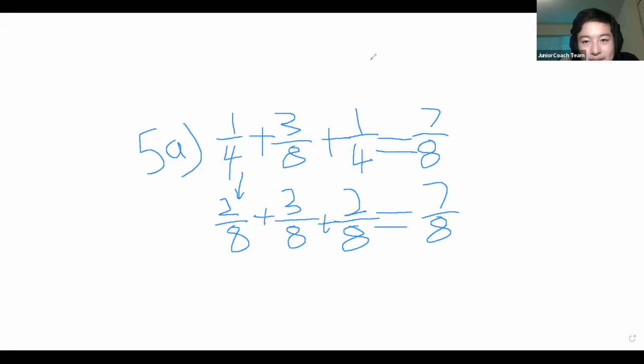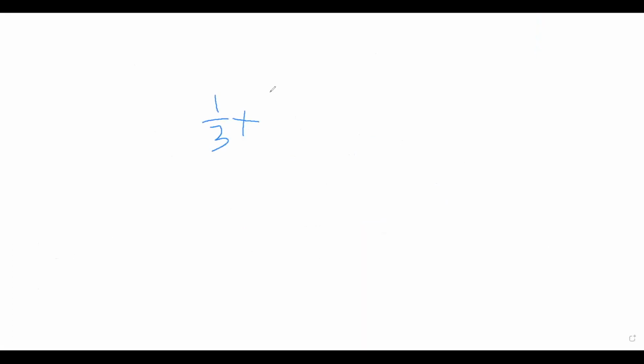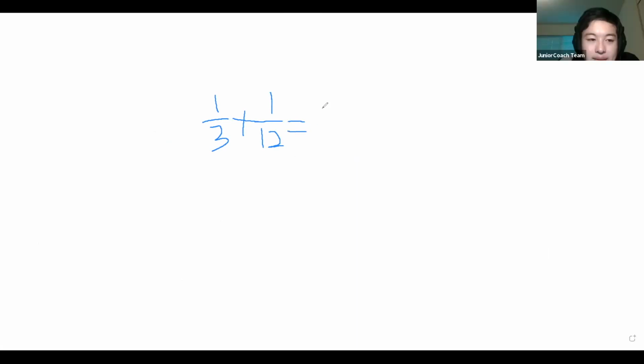And how would you do 4B? 1/3 plus 1/12. 1/3 is 4/12, and 1/12 is 1/12, which is 5 out of 12. 5 out of 12, right?